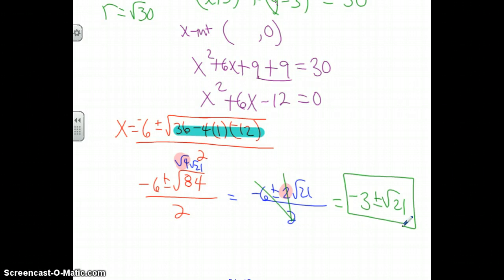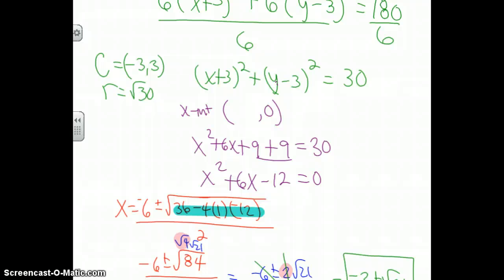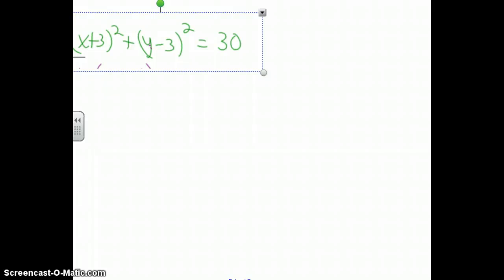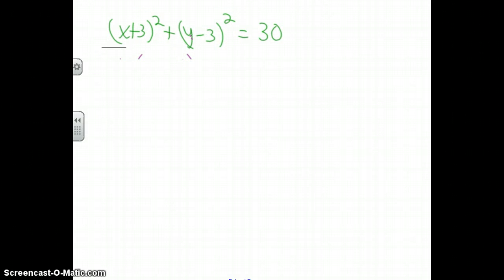To find y-intercepts, I'll repeat the process. But this time, I'm repeating it for the y-intercept. So to find a y-intercept, I'm going to let x be 0. So I'll get 9.